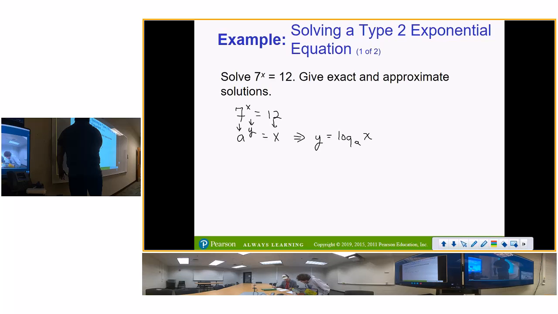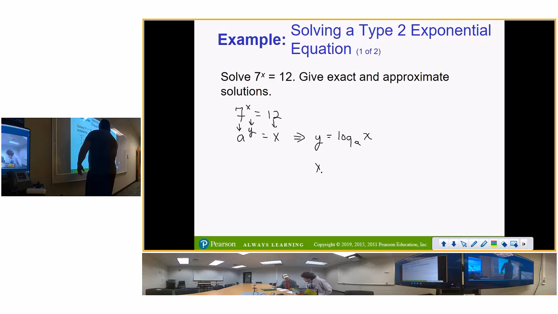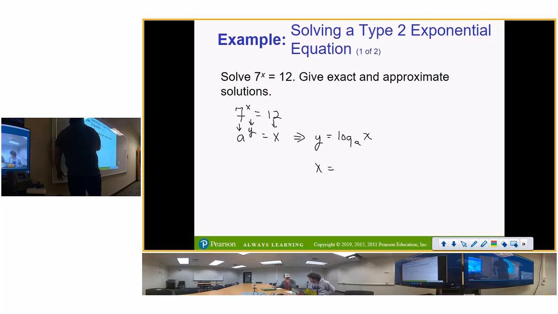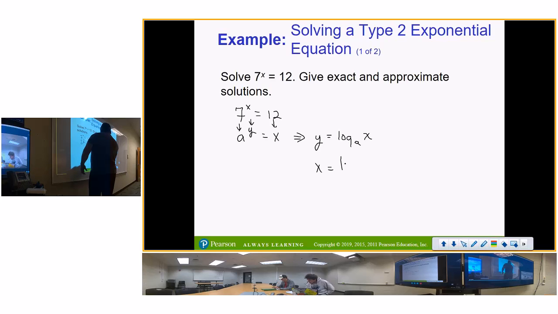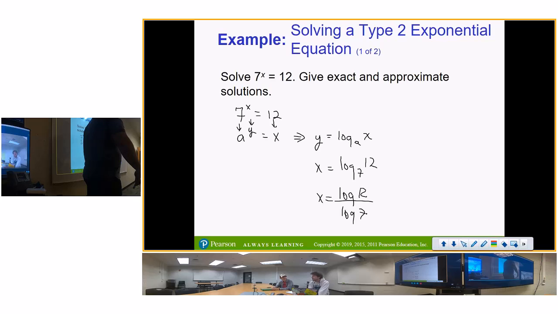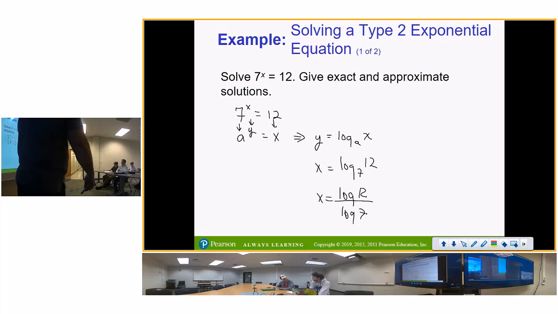Y is going to be x. And what's log base what? Log base 7 of 12. And then that's the change of base formula. X is equal to log of 12 over the log of 7. Or you could do natural log. It doesn't matter. Capiche? Did we do this one? We did. Okay, now that's one way to do it.